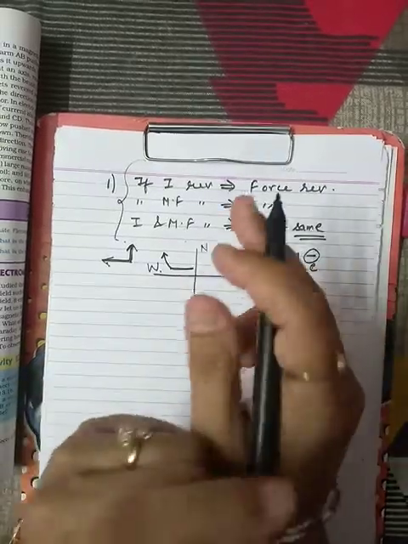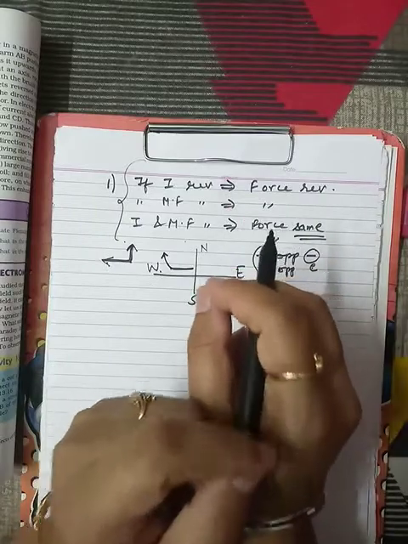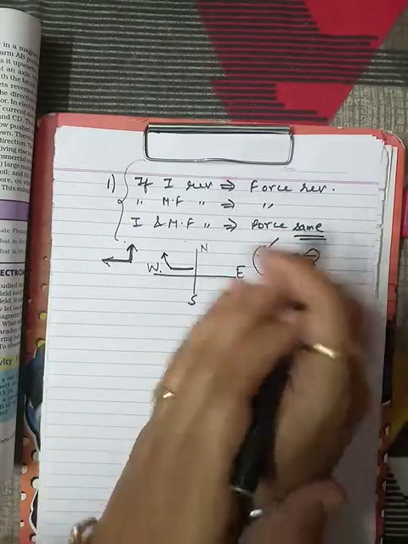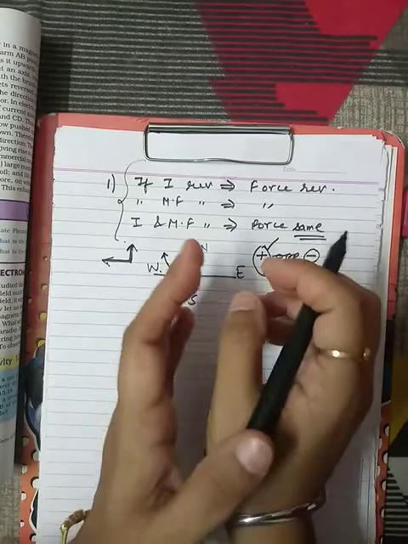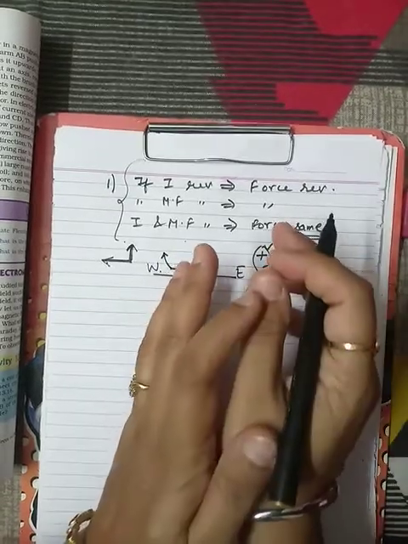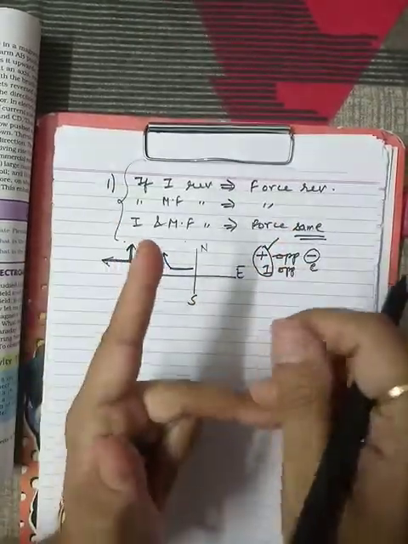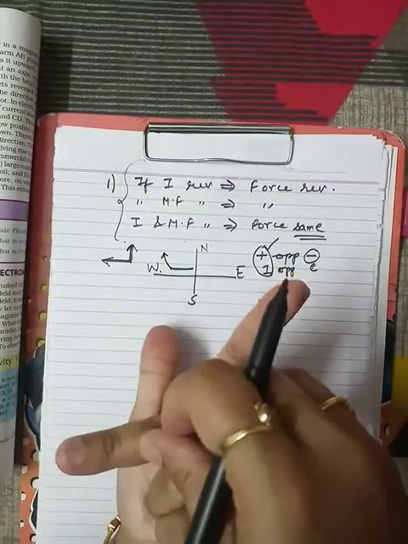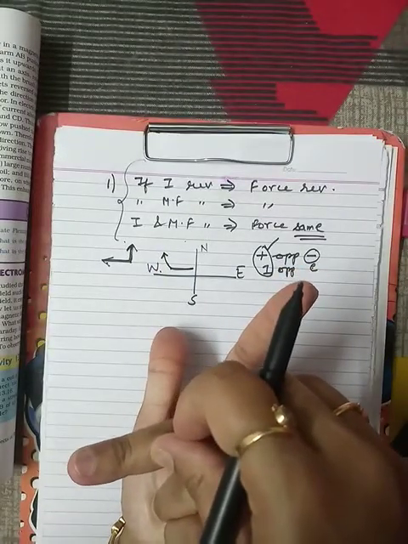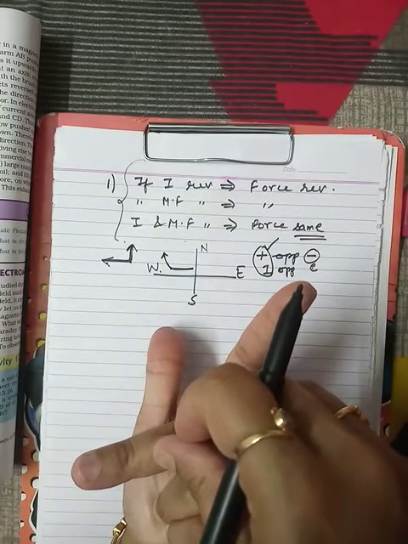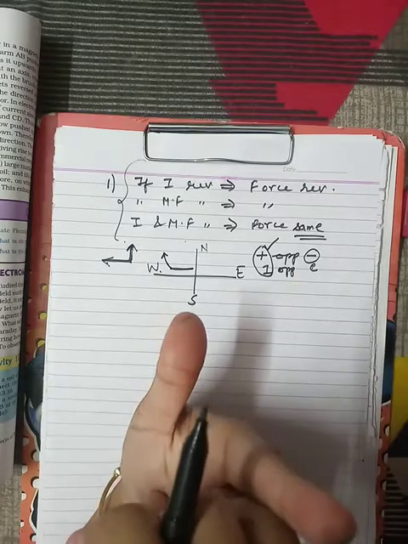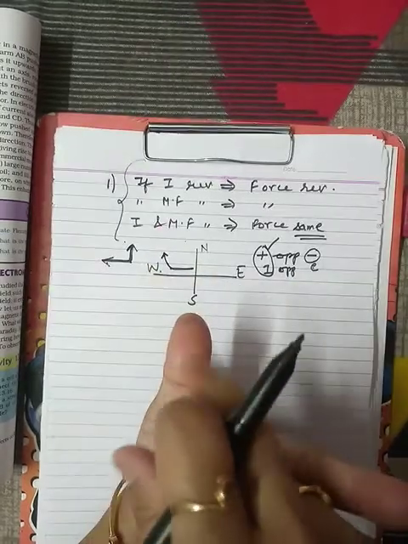So if it is given that a positively charged particle is moving in this direction, that means the current direction is also the same. Okay, so the current direction is given as the west direction. And the force is towards the upward side, that is the north direction.